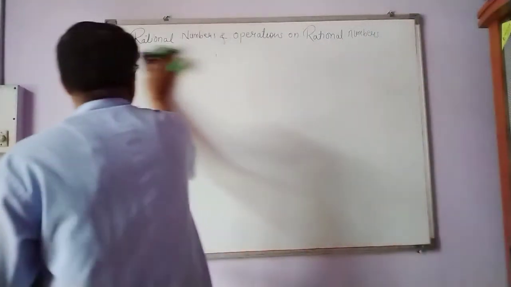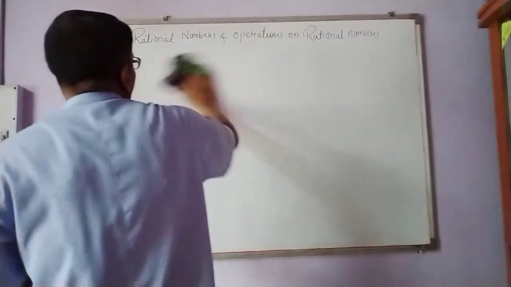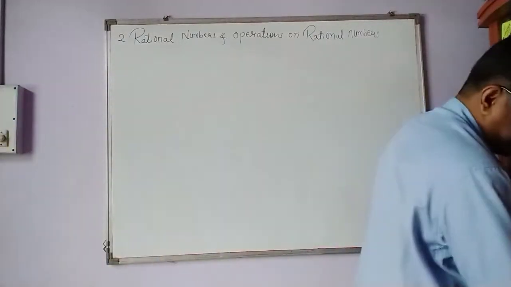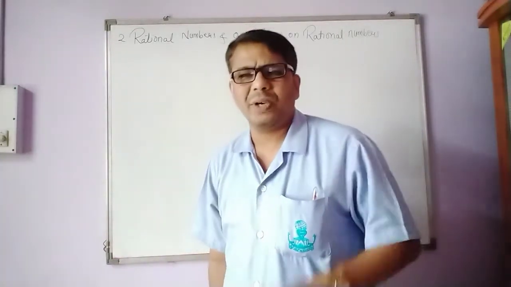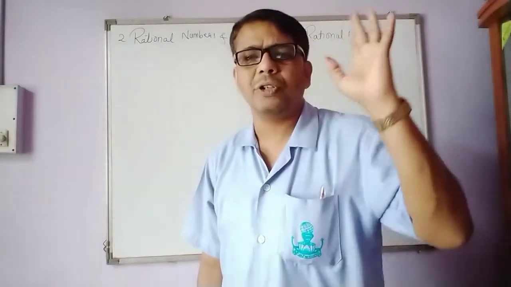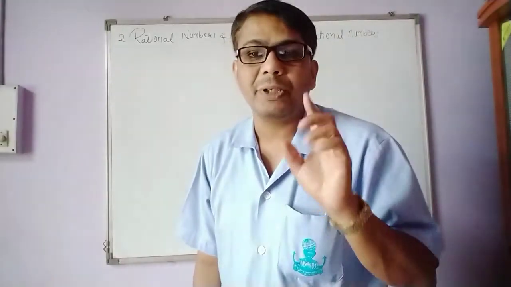Then suppose the denominator of the rational number is greater than the numerator by 1, 2, 3, 4, there should be a common difference between all the rational numbers.